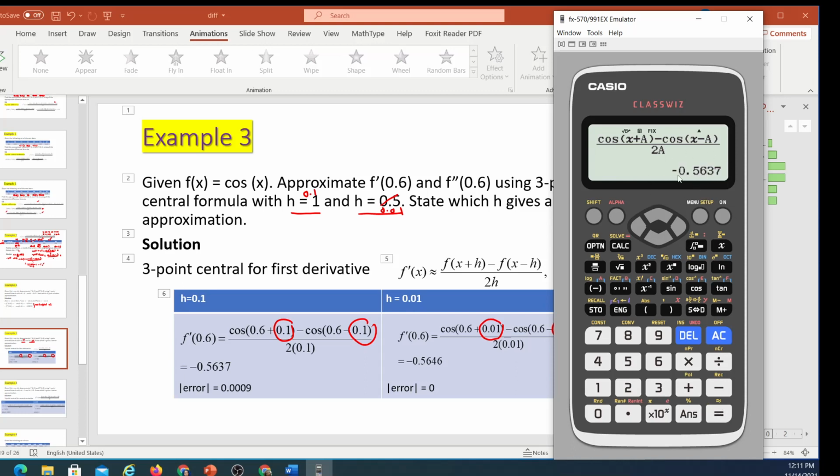So you get negative 0.5637. So for the question, you change h to 0.1 and 0.01. Calculate again with the same x, press the down key, and change h to 0.01. Now you get negative 0.5646.